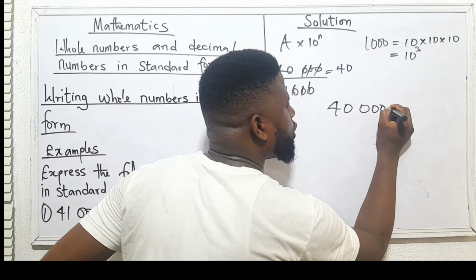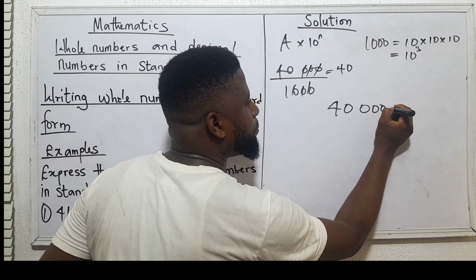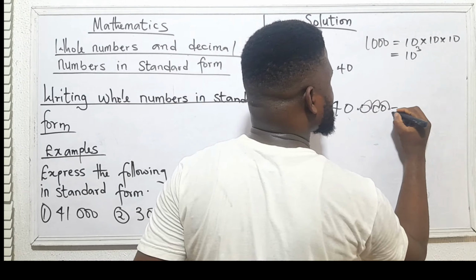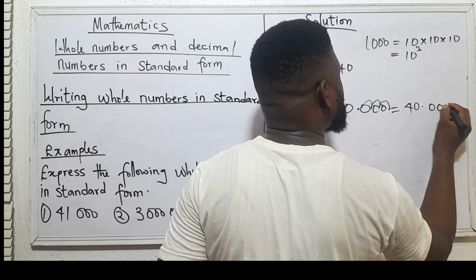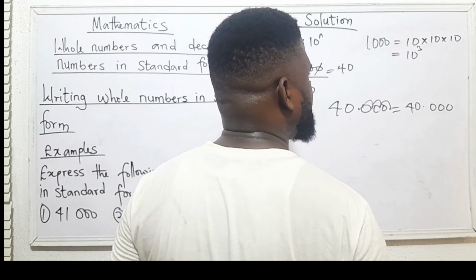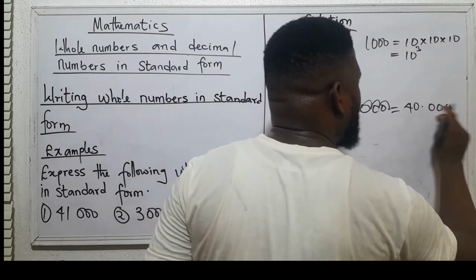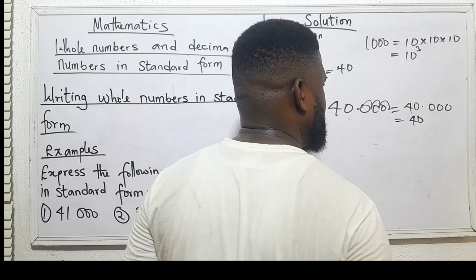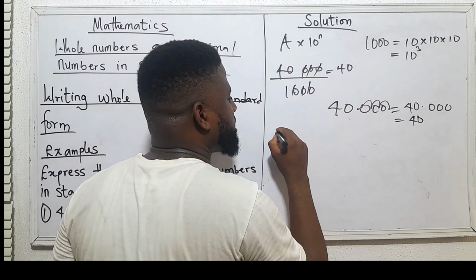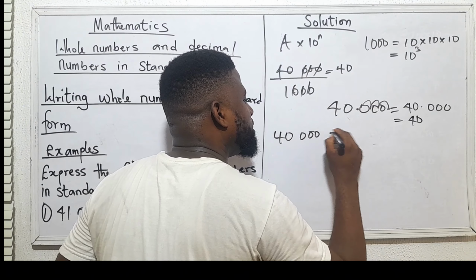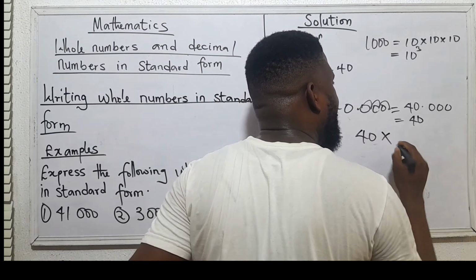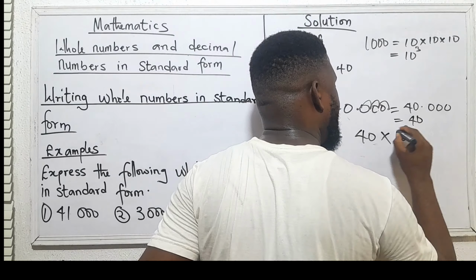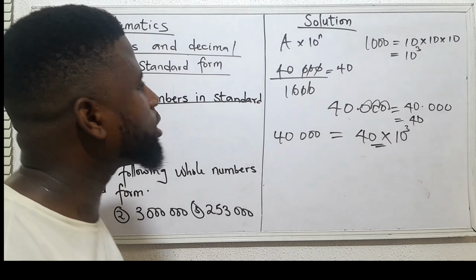So all I need to do is shift the place of the decimal point backward 3 times, and this gives me 40.000. The number of zeros behind the decimal point does not matter, so it gives me 40. Now, it means that this 40,000 can be rewritten as 40 times 10 raised to power 3, because I shifted the decimal point backward 3 times. What does this mean?